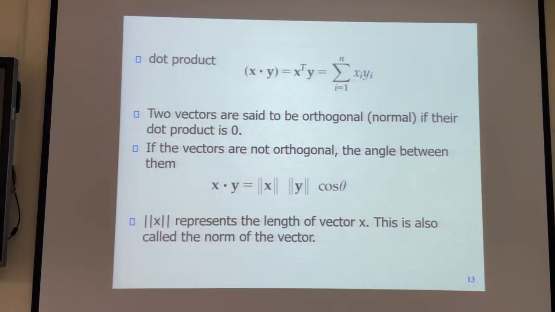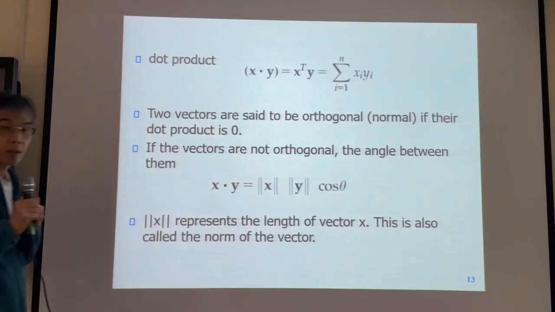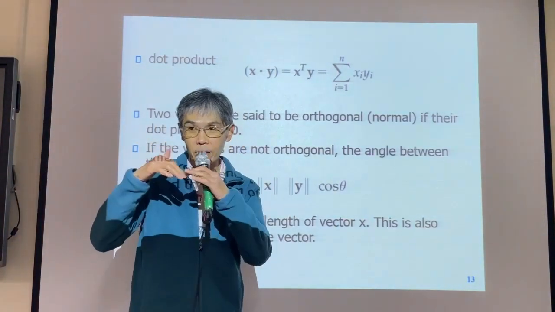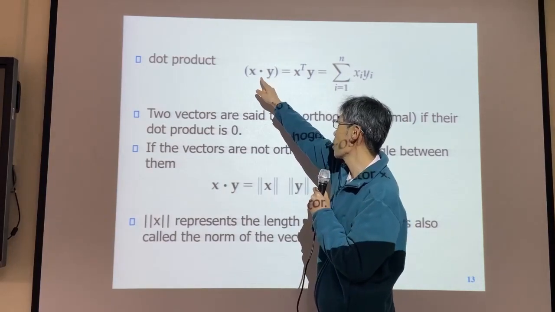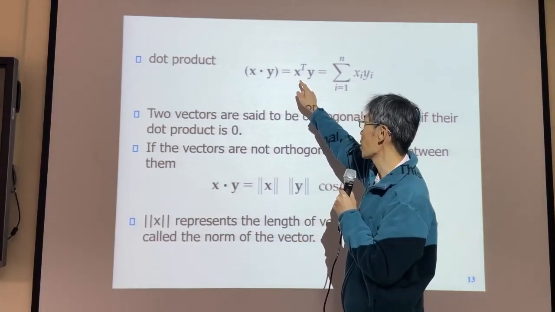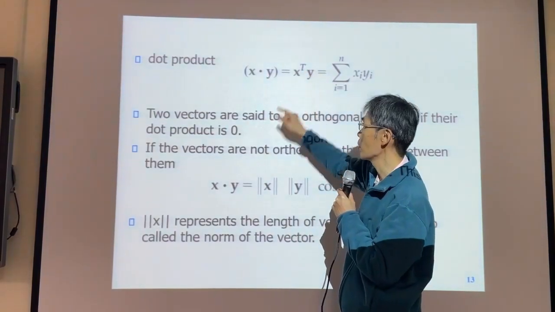Okay, the next one is the dot product, the inner product. The definition of dot product is x dot y: we take x transpose times y.